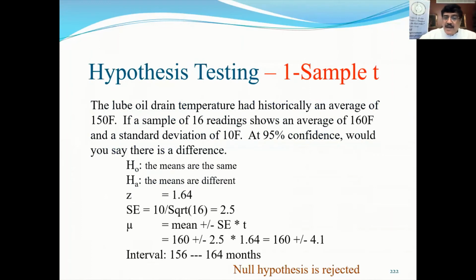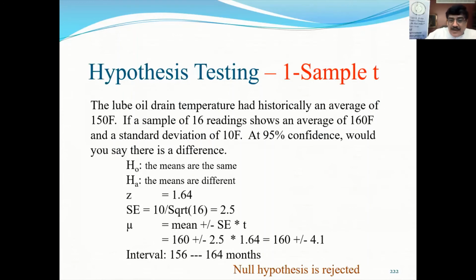So let's say that for 95% confidence, you need to be at least 1.64 standard errors away from your mean. It has to be really different. How different? Not one standard error away, but almost two, 1.64 standard errors away. So that's what it is.